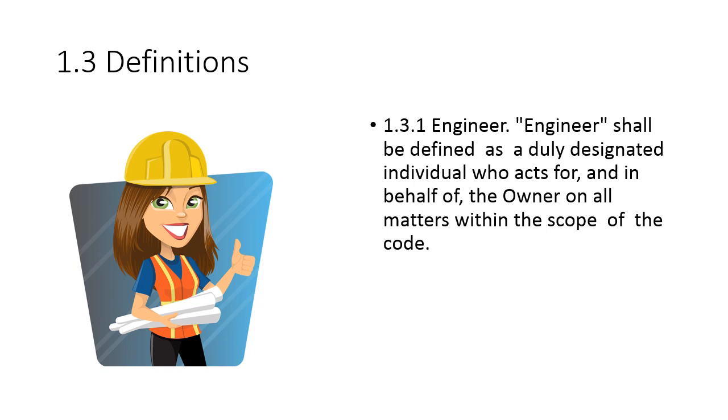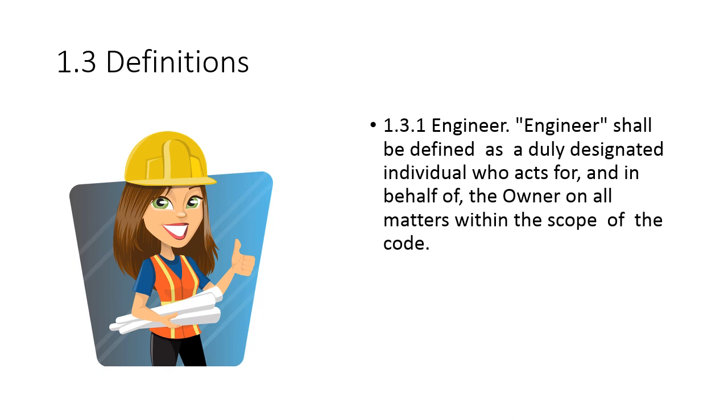Under this code, the engineer has a lot of power to do things in regards to what they want. Because I've dealt with inspectors that say, well, you can't do this. It's against the code. And I always tell them, no, you read in there, the engineer can do whatever they want, as long as they document it and they have calculations that say, hey, this is why I'm doing it.